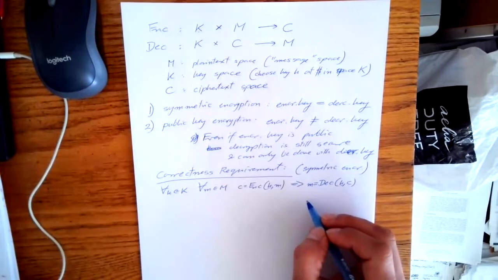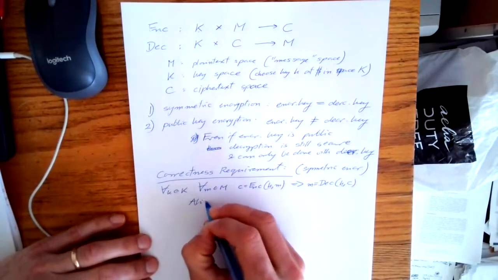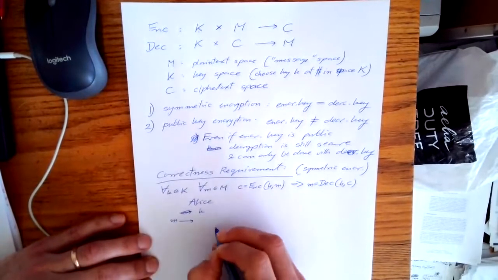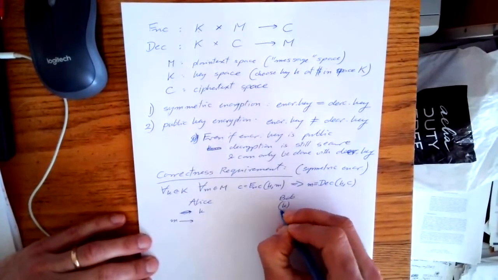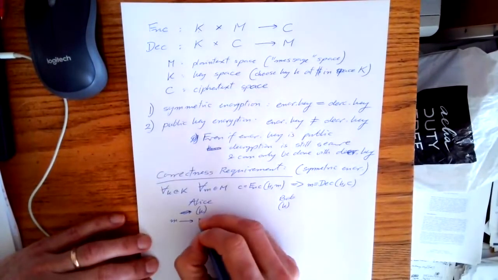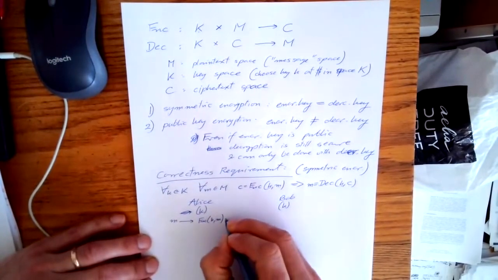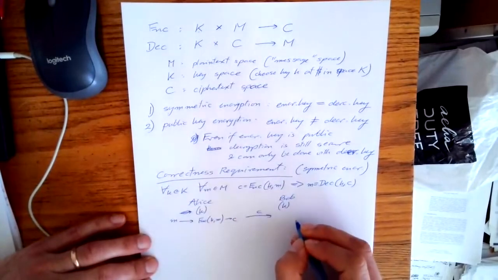Right? So the application of this is that there is some Alice who has a key K. She gets some message that she wants to send to Bob, and Bob has the same key K. These are the inputs of these two players. She will run the encryption function on her key and this message. This will give her a ciphertext. She will send the ciphertext over to Bob.